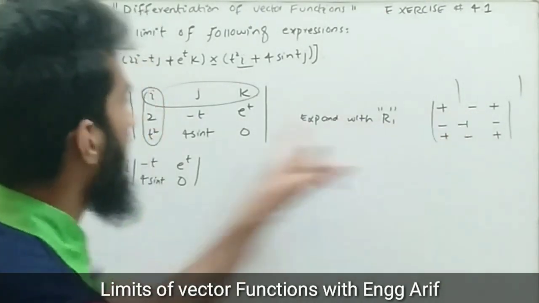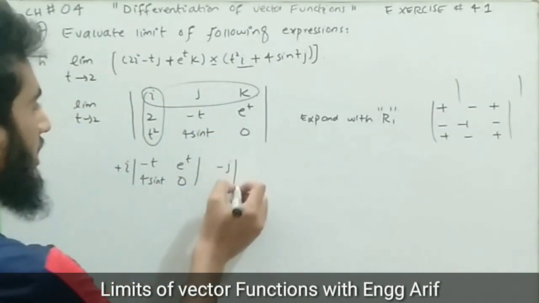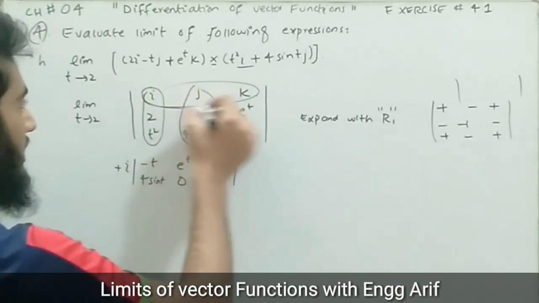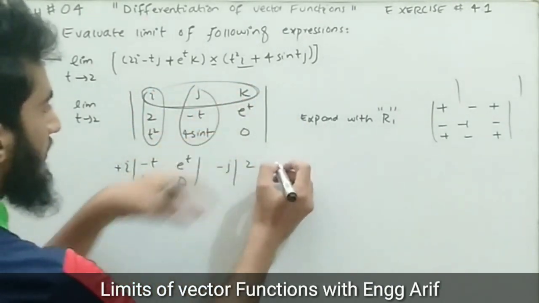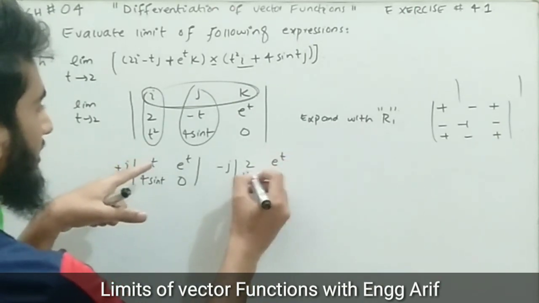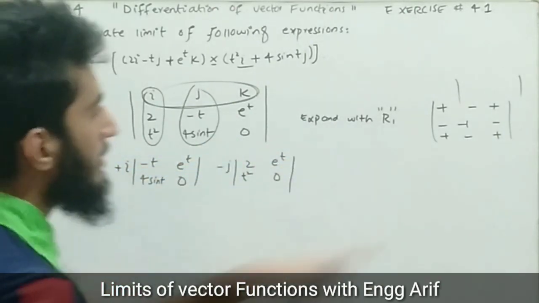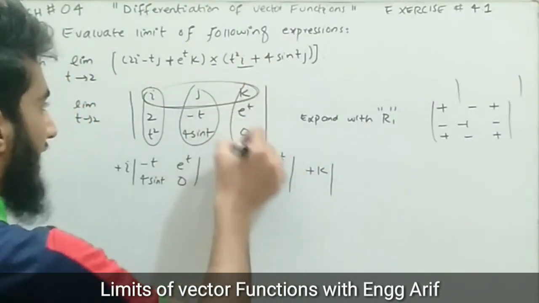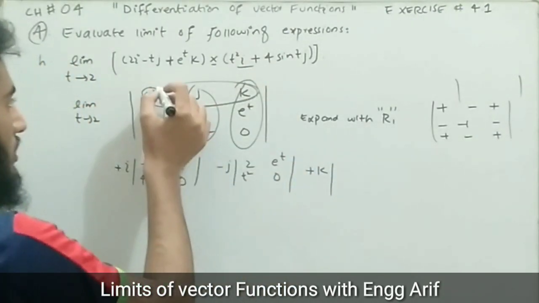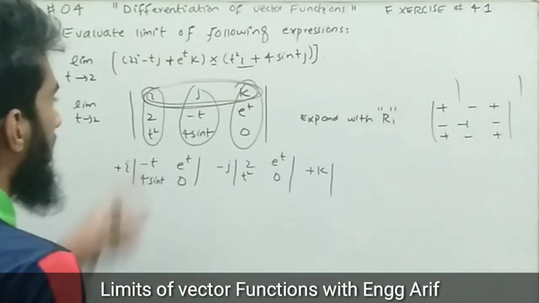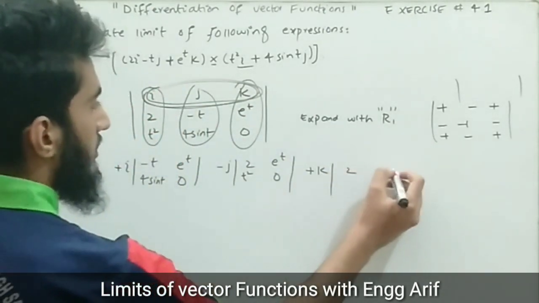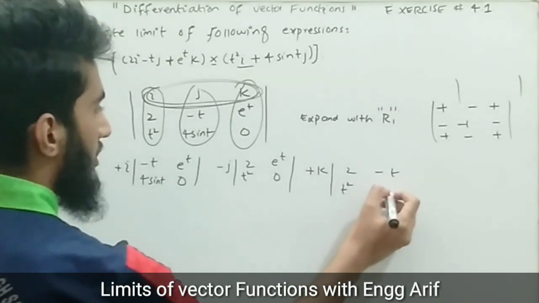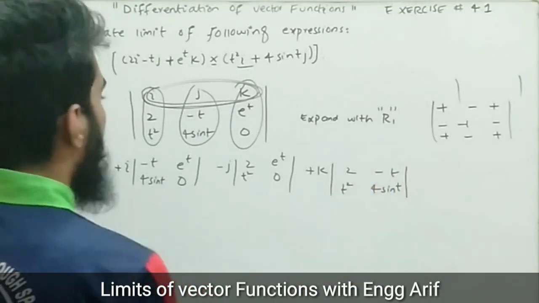After this we have negative sign, so it becomes minus j. Now I cross out the column and the row in which j lies. So we are left with 2 into e power t, t square into 0. After this we have plus sign, so it becomes plus k. I cross out the column and the row in which k lies. So I am left with 2, minus t, t square and 4 sin t.